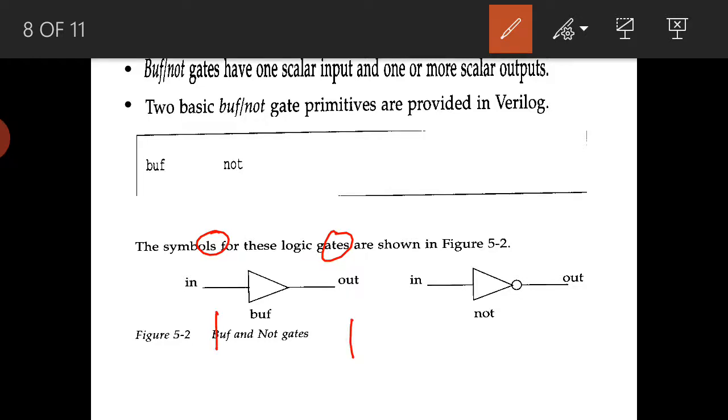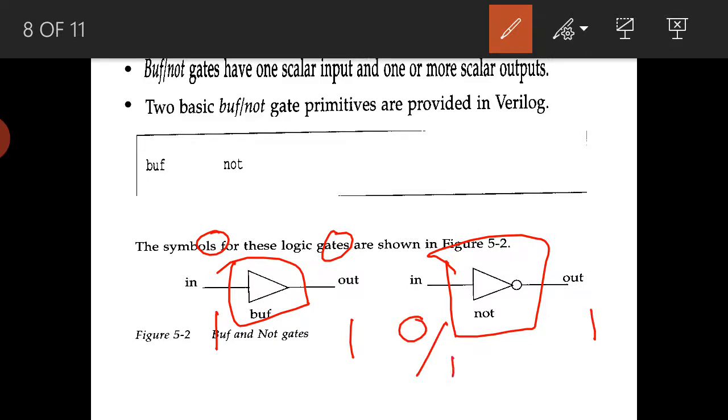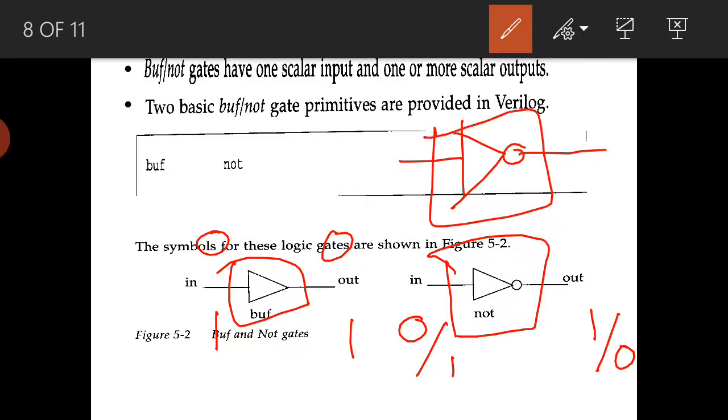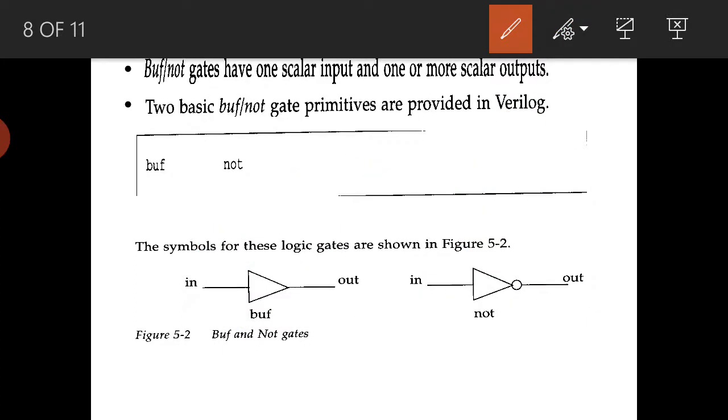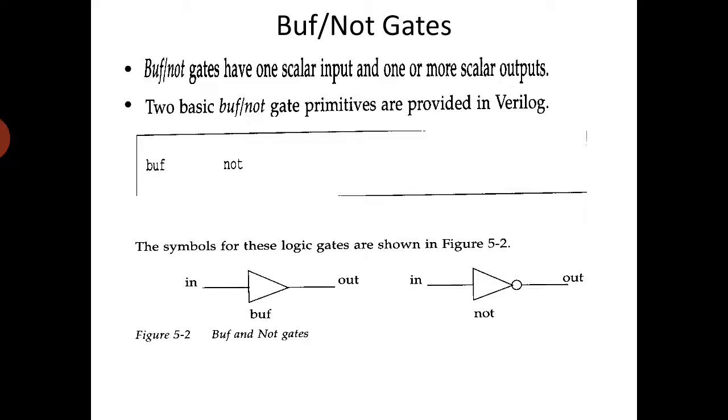Coming to the inverter, or NOT gate, it is the reverse: if the input is 0, the output is 1, and if the input is 1, the output is 0. That is the job of the inverter. The inverter is nothing but a buffer with a bubble. So these are the two types, buffer and NOT.